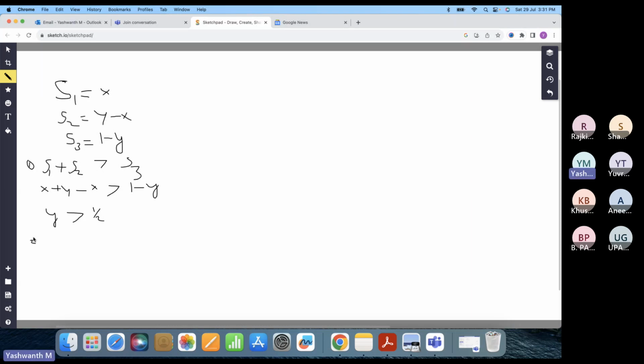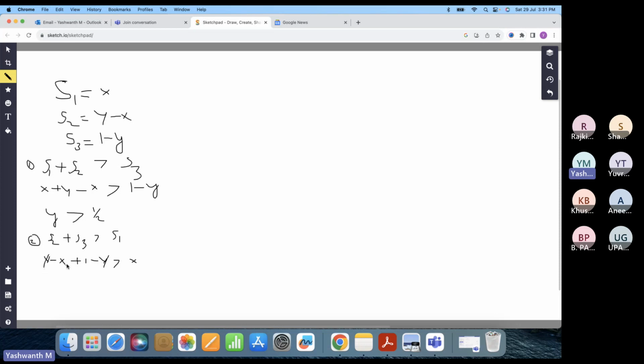Second condition is S2 plus S3 should be greater than S1. Right? y minus x plus 1 minus y should be greater than x.